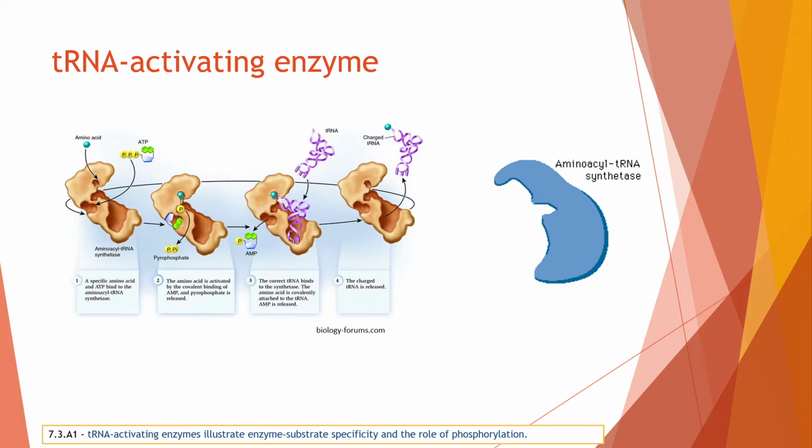You can use this example to illustrate how specific this whole reaction is, taking into account that each tRNA differs from other tRNAs only by the sequence of 3 bases of the anticodon.